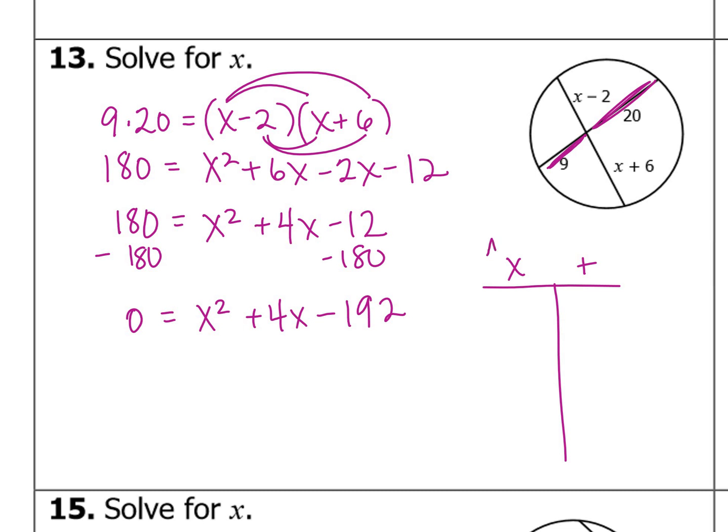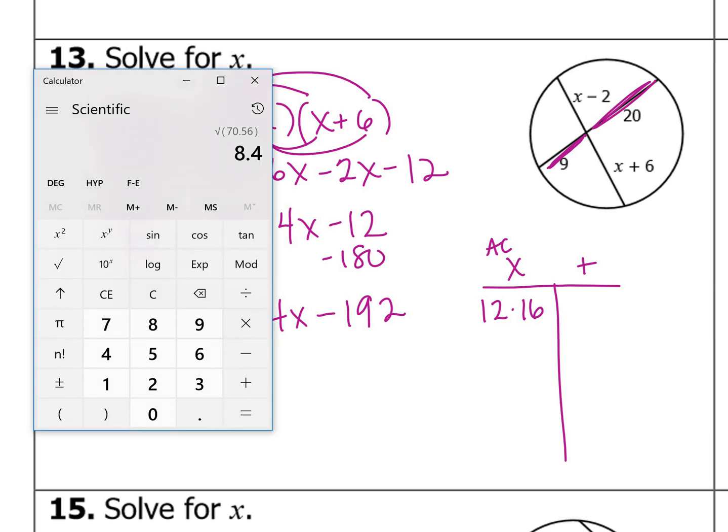So a times c is 192. So what are factors of 192? I'm going to go ahead and skip to 12 times 16 is going to give us 192.